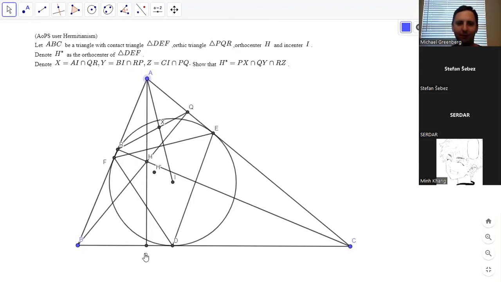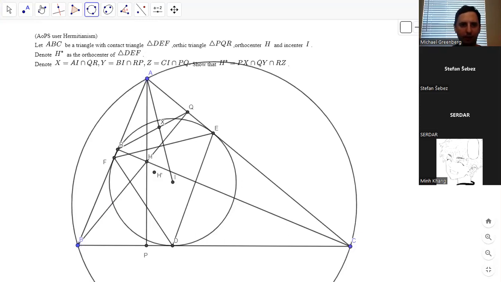Maybe we could use some other problem, because there's a couple of problems using point H prime, right? Like I think, is IH prime parallel to OH, where O is the circumcenter of ABC? No, O lies on IH prime. Oh. All right.